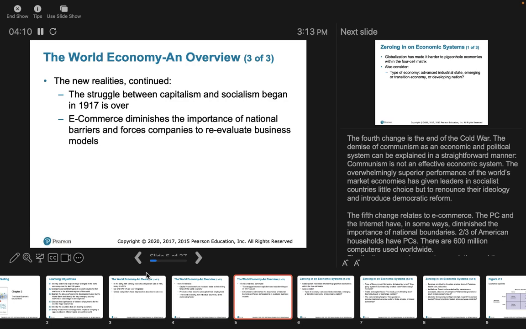They try to make trade as easy and free as possible among member countries, and this is one thing that has boosted e-commerce. At the same time, it has made many countries let go of their national barriers. Companies also have to reevaluate their business models. Now they have to not just think globally, they also have to act locally.